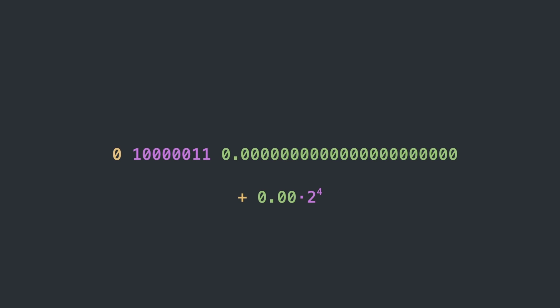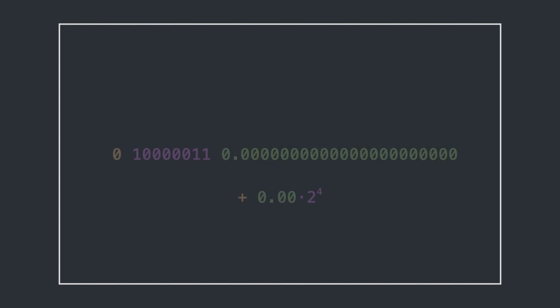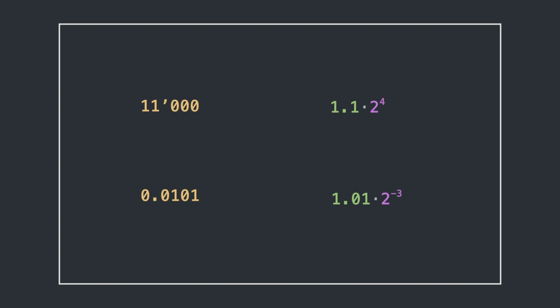You see, the people that designed standard 754 realized that in binary something happens that happens in no other base. Look at the first digit. In scientific notation, the first digit is by definition always non-zero. But in binary there is only one digit that is not 0. 1.